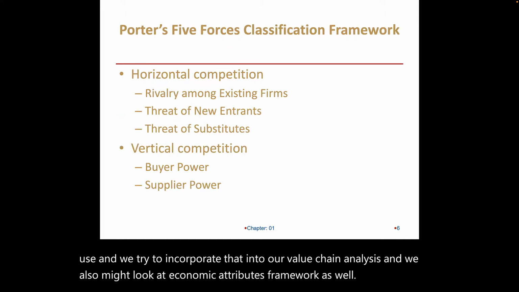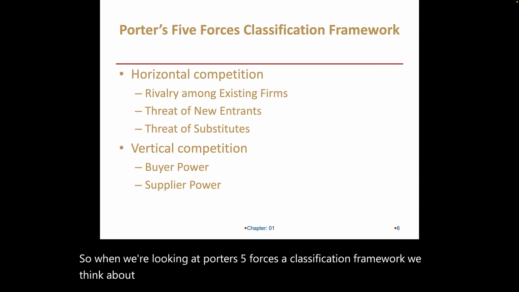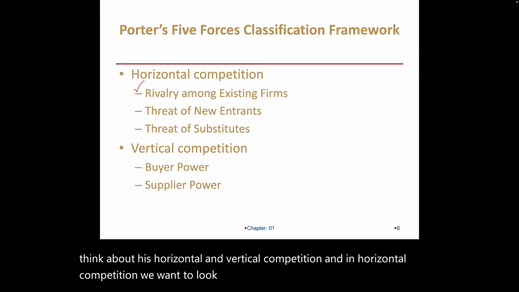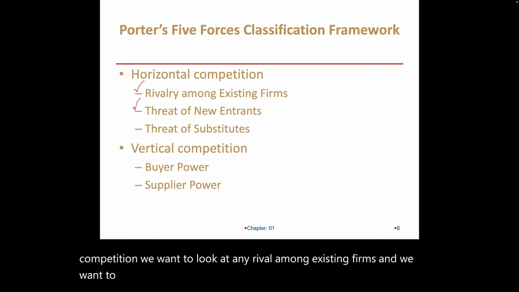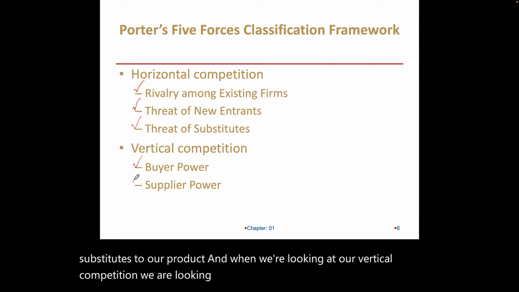When we're looking at Porter's 5 forces classification framework, we think about horizontal and vertical competition. In horizontal competition, we want to look at rivalry among existing firms, and we want to analyze any threats of new entrants into the industry and any threats of substitutes to our product. And when we're looking at vertical competition, we are looking at the buyer power and the supplier power.